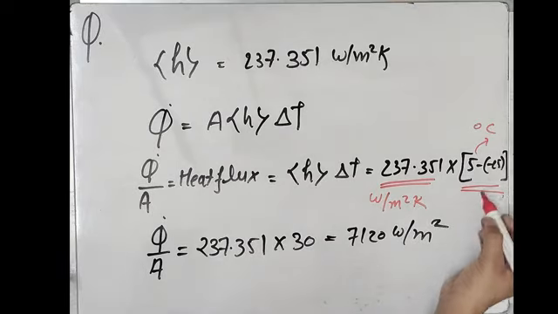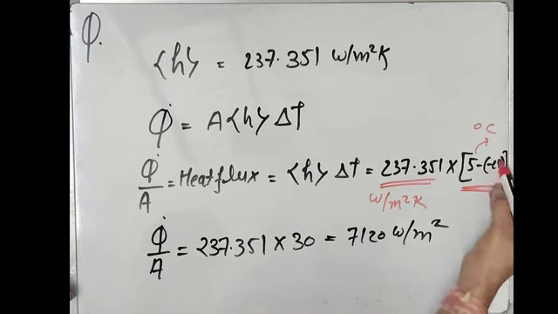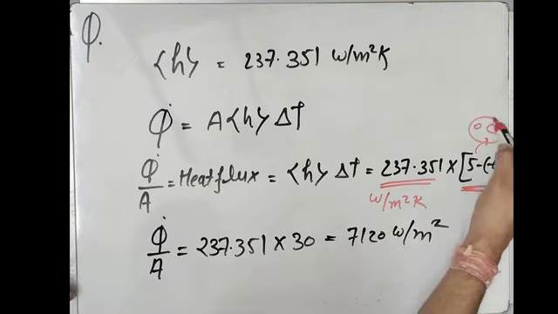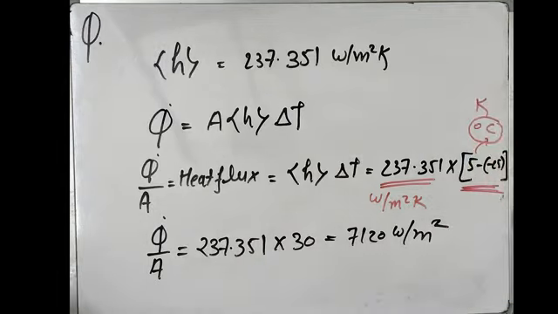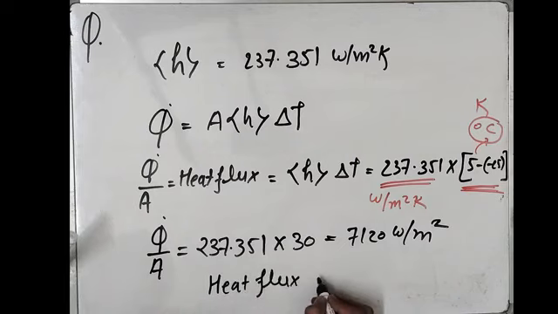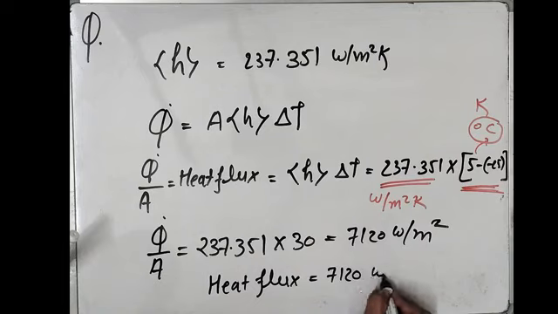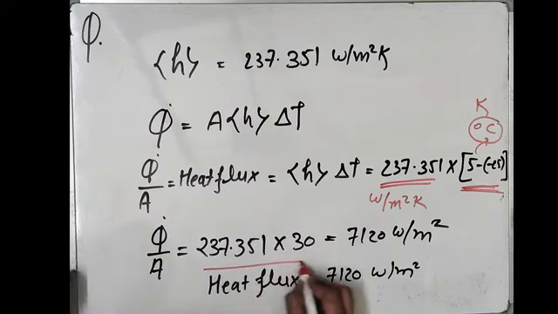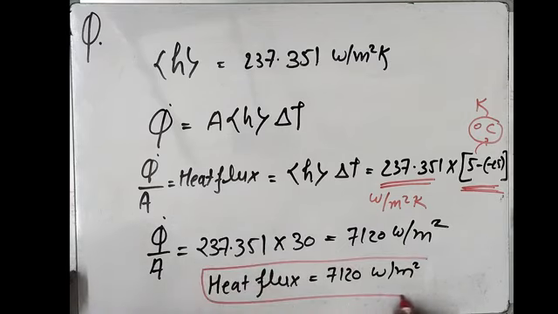But here we take the difference of temperature, therefore it doesn't matter whether we take degree Celsius or Kelvin. So the final heat flux that we obtain is 7120 watt per meter square, which is our final answer.